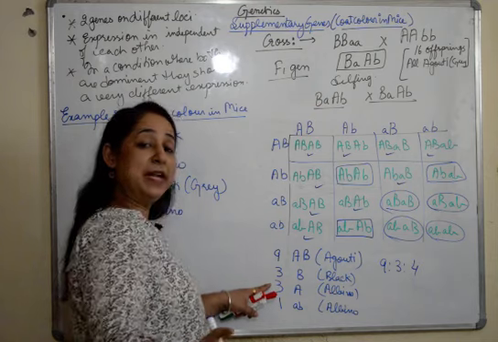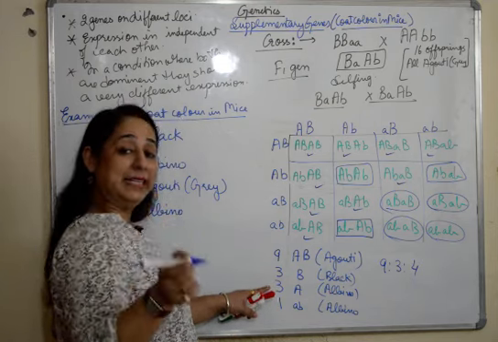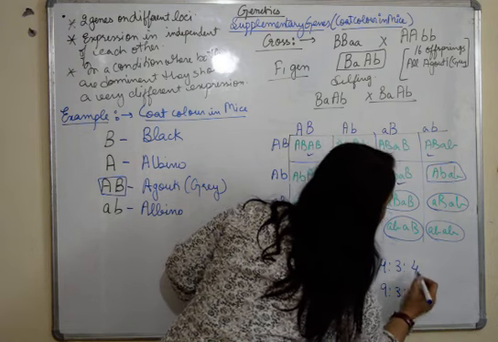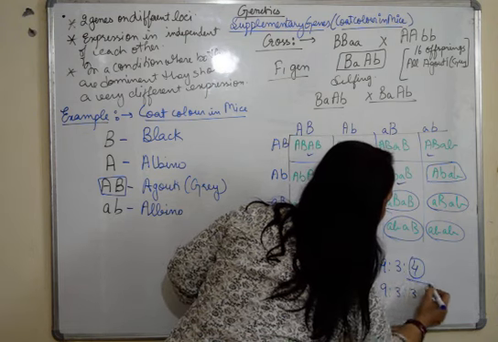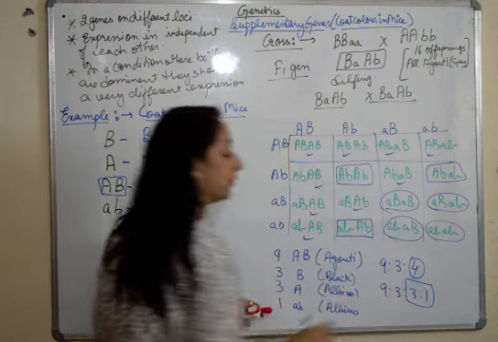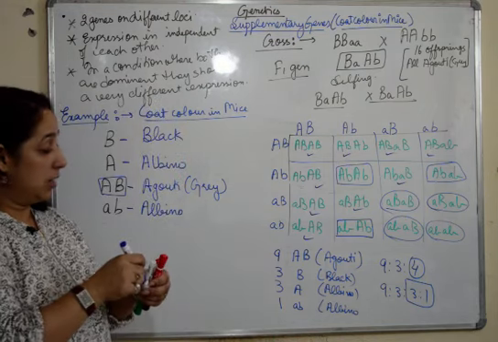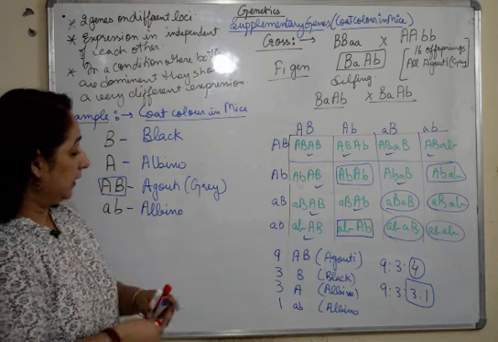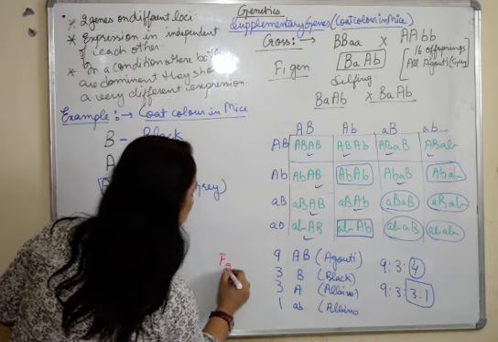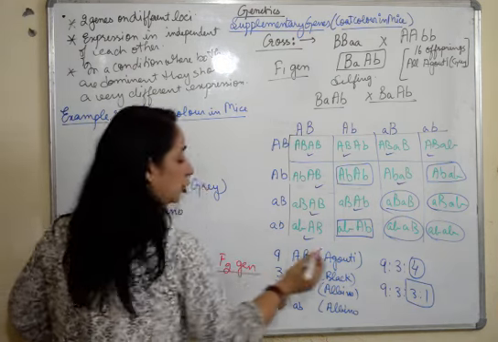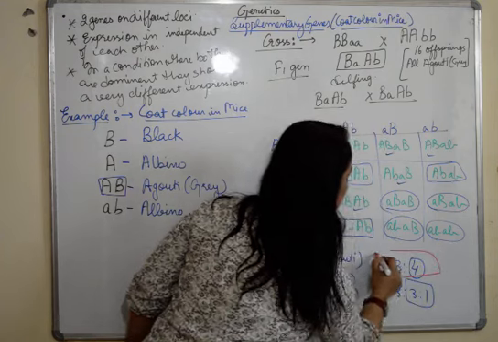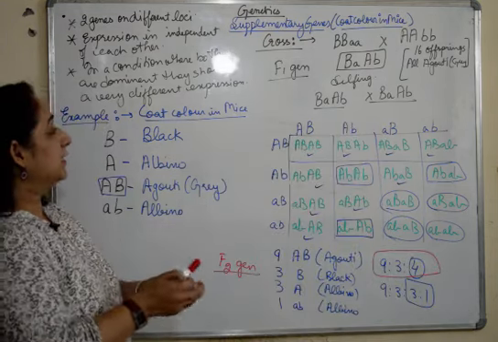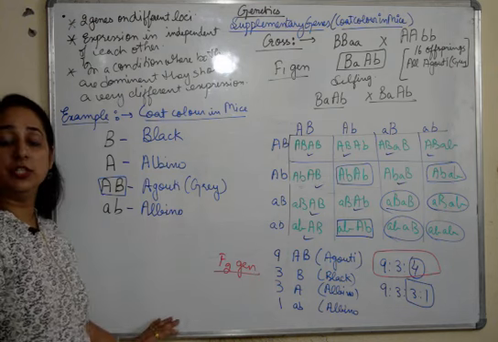If I compare it to Mendel's ratio, which is 9:3:3:1, these 3 plus 1 together form the 4. So very important, the thing you need to learn here is that for the F2 generation, the ratio for supplementary genes is 9:3:4. So this is how supplementary genes work.